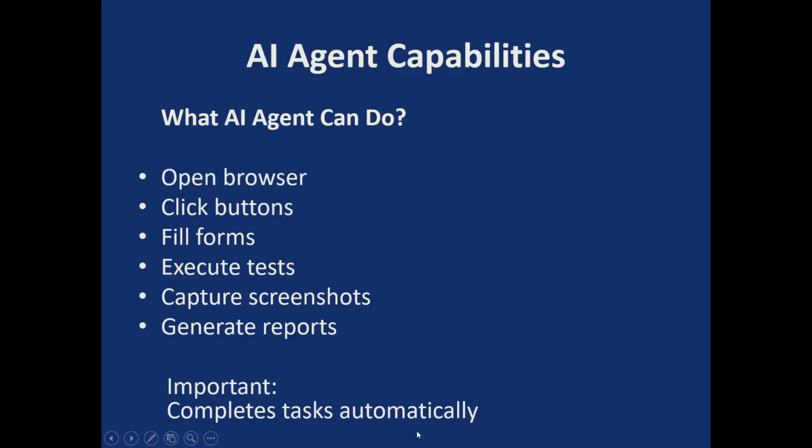How? It can open the browser, go to the website, log in, click buttons, fill the forms, validate output, take screenshots, generate the reports, and even create bug reports. So we can say an AI agent is not just a talking AI. An AI agent is an AI that can take actions.